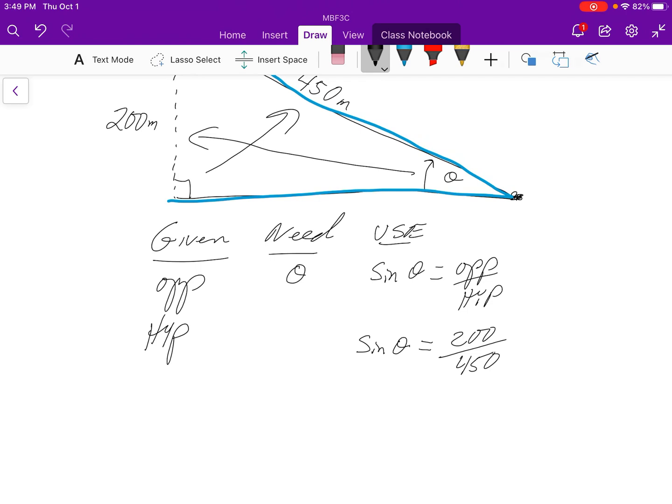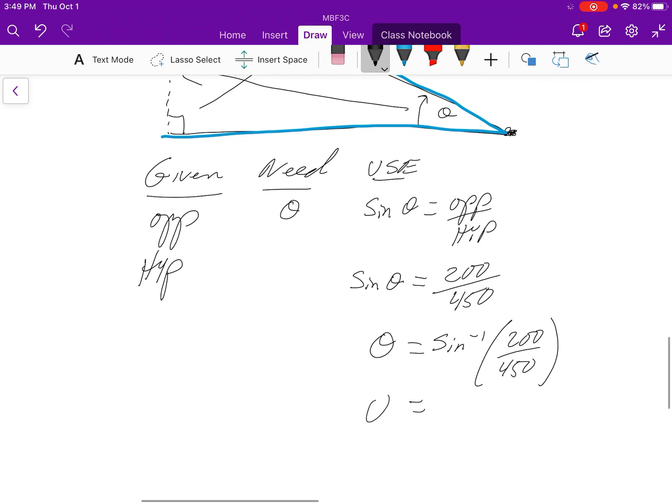Now we want to isolate the angle itself, theta. So we take the sine inverse of both sides and write it down like this: the sine inverse. We have to take the time with our calculator to figure out how to calculate that sine inverse correctly. I want you to be able to play with it.